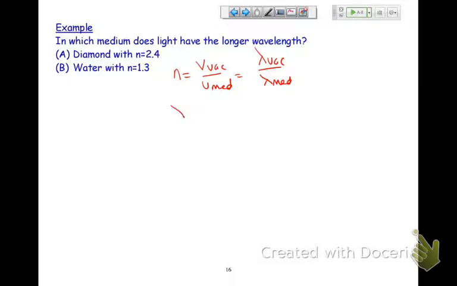I want to know which one has the longest, so lambda med equals lambda vac over n. So the bigger the n, the smaller the wavelength. Longer wavelength, that one. It's so easy to get these seemingly simple questions backwards because you've got five things going.